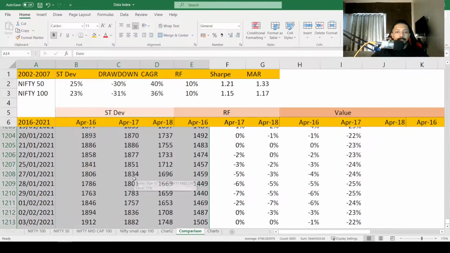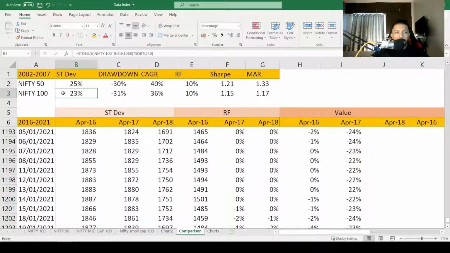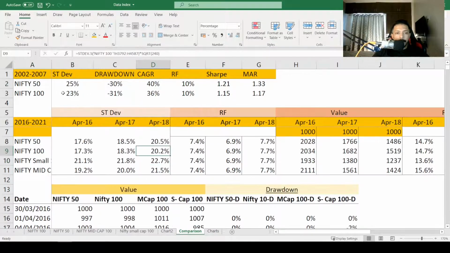Let's go to some other deeper insight. Okay. So I've created some more advanced calculations out here. So if we start looking at standard deviation, okay, as one of the popular measures which are calculated in India specifically for stocks, right? Stocks, mutual funds, whatever, right? If I look at Nifty 50, then if I measure from April 16 onwards, my standard deviation is 17.6 annualized.